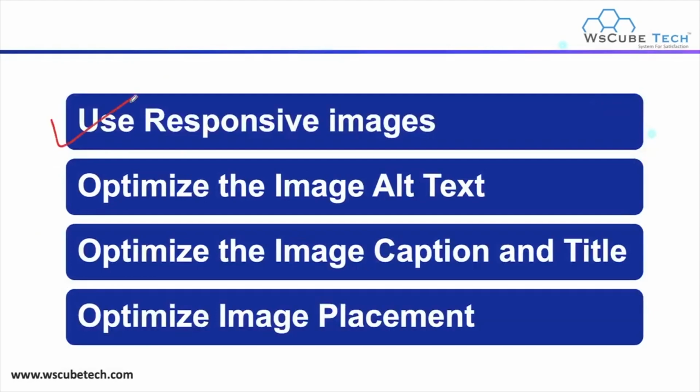Next, use responsive images. This means that when you upload an image to your page or post, WordPress will create a number of smaller images in different sizes and will automatically serve those to users depending on the device they are using, either a mobile phone, a tablet or a desktop.